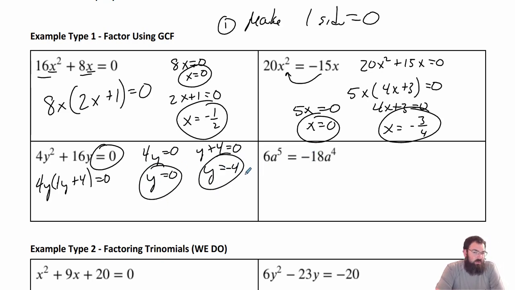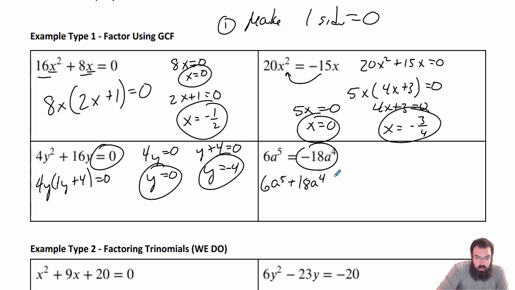The last one is something that you might have tripped up on, because I need to make this side 0. So I get 6a to the 5th plus 18a to the 4th equals 0. Let's take out a 6a to the 4th. I'm left with a plus 3. So I take 6a to the 4th equals 0, and a plus 3 equals 0.